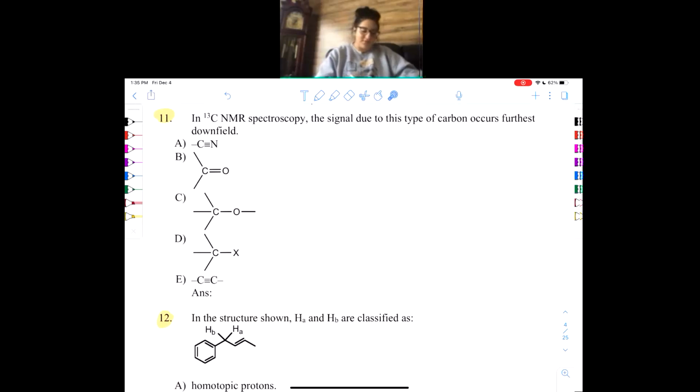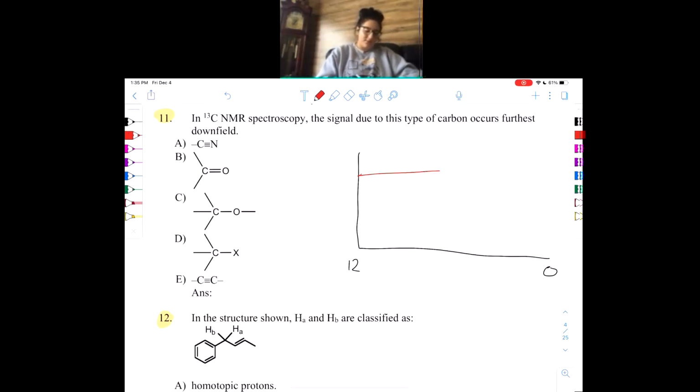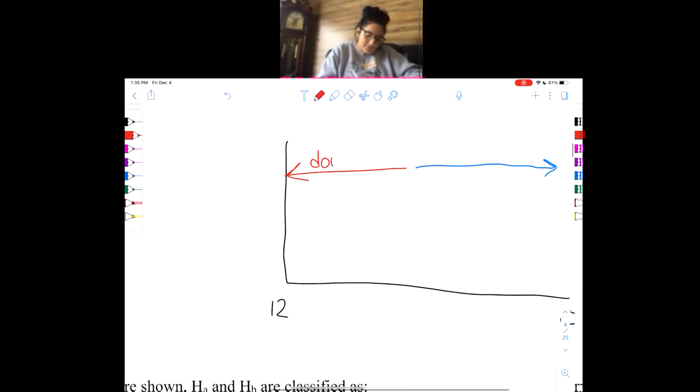Alrighty. So furthest downfield versus upfield. You guys already know. So we have the red arrow and the blue arrow. Which side is downfield? Exactly.